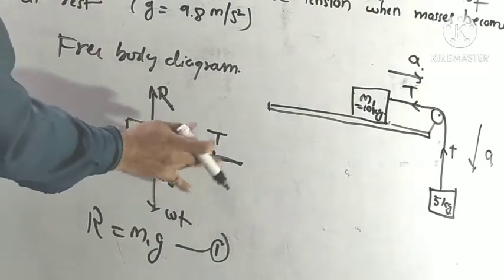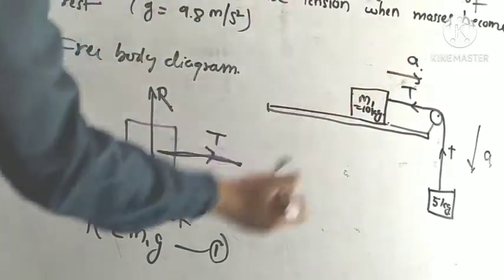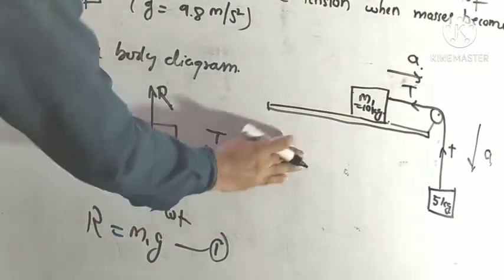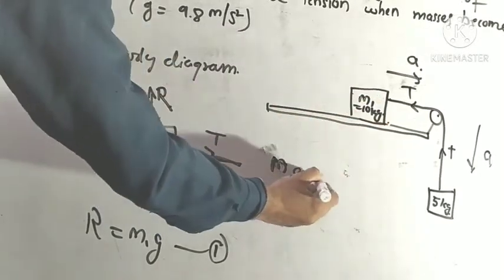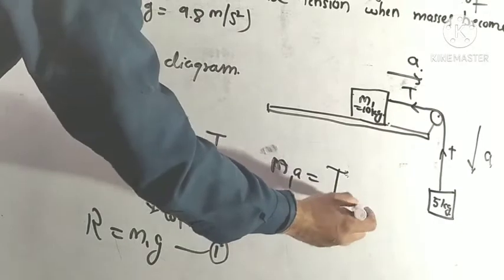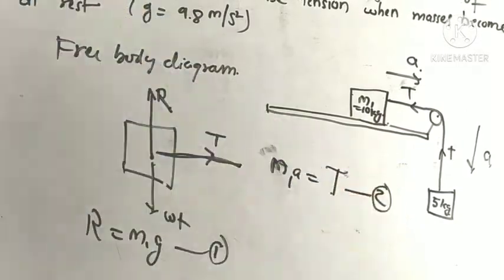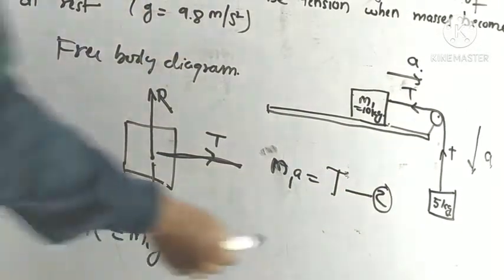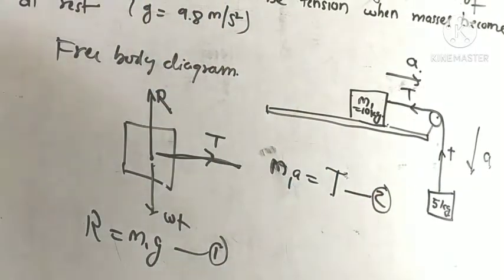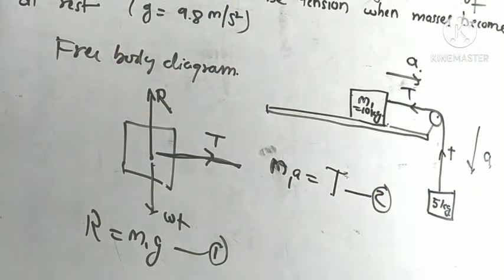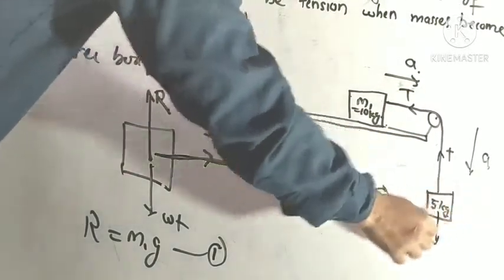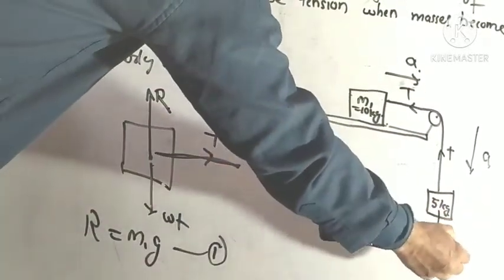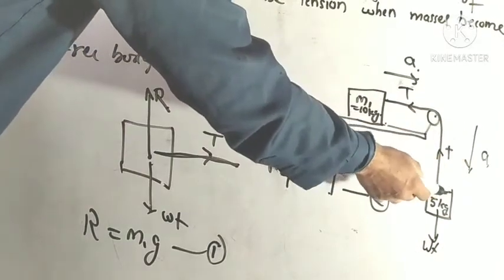This body will move right-hand side with acceleration a, so the net force on this body is m1a is equal to tension T. This is equation number 2. Now we discuss the free body diagram of the second body having mass 5 kg. How many forces are working on this body? There are two forces: the weight of this body working vertically downward and tension T working vertically upward.